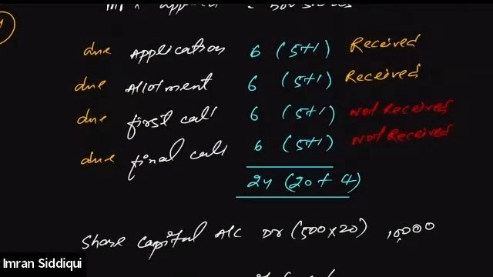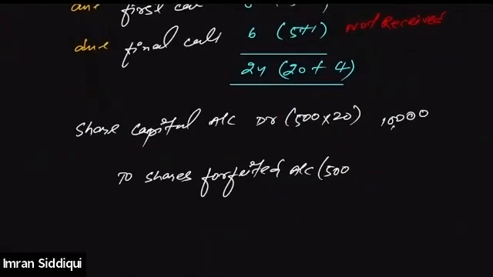He already paid for the application and for the allotment. So including premium, he paid 12 rupees. Is that right? But we need to consider the amount that he has already paid, excluding premium. So excluding premium, he paid 10 rupees. That will be 5,000.